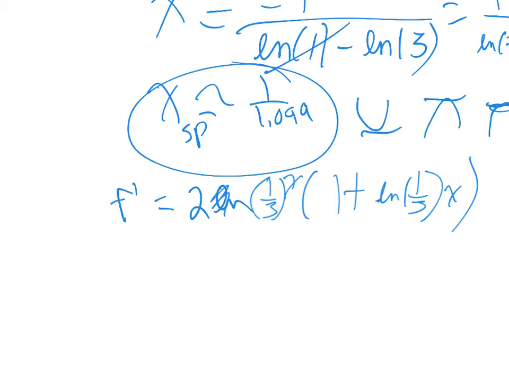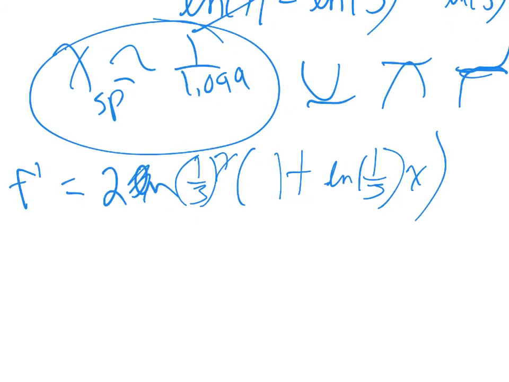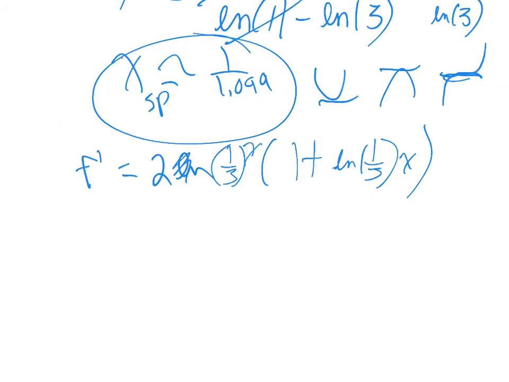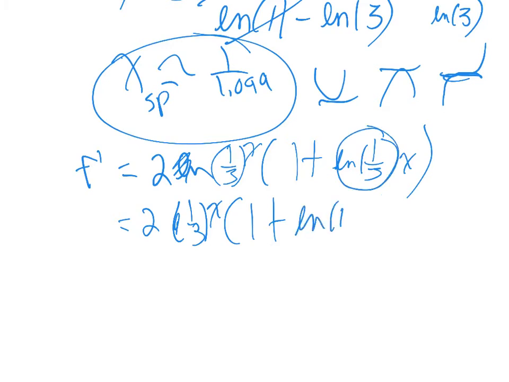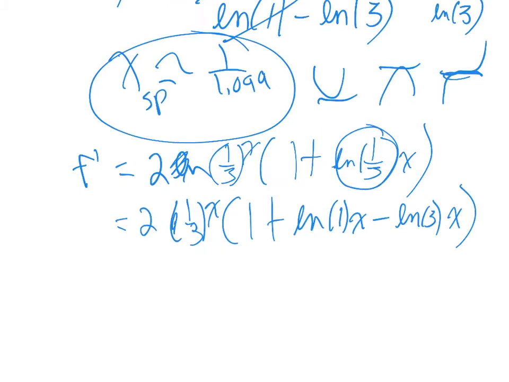Now ln of 1/3, if I wanted to simplify that a little bit more, then I would get 2 times 1/3 to the x, 1 plus ln 1 multiplied by x minus ln 3 multiplied by x.